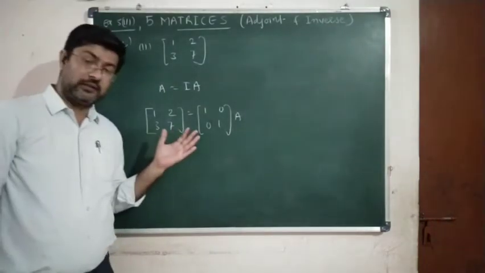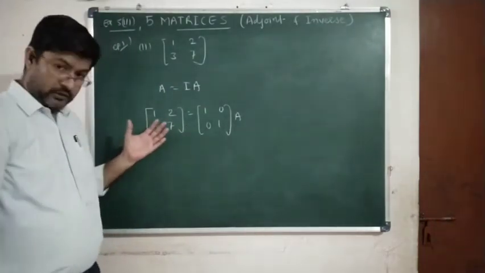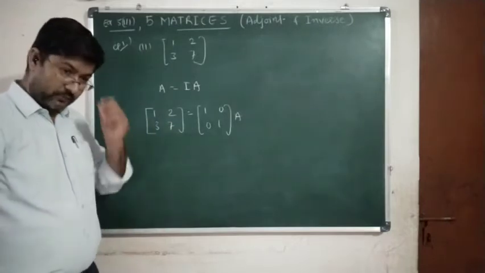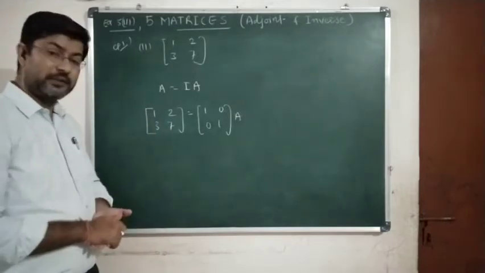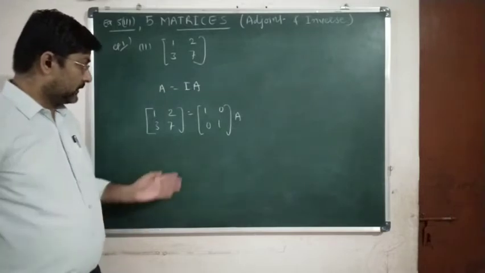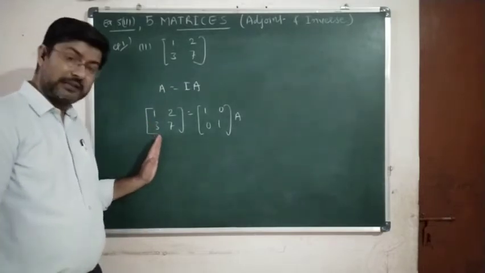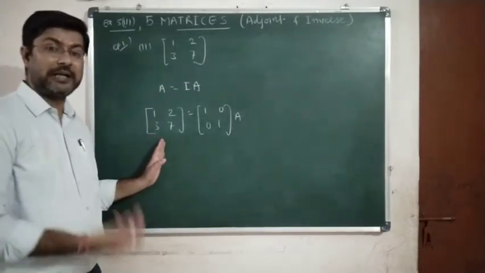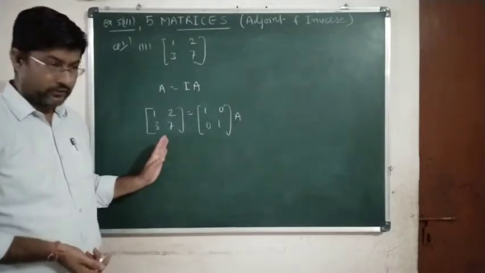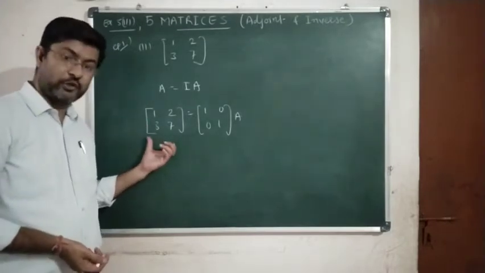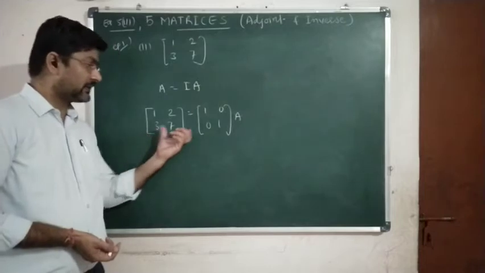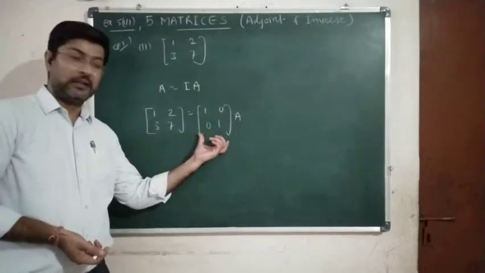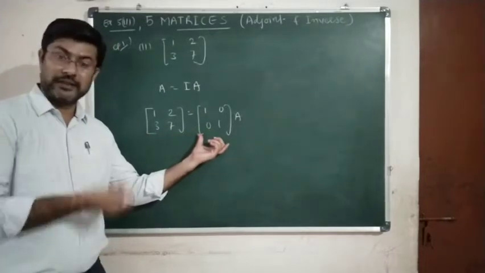Now, using the properties of elementary row transformations, we will convert the matrix A on the left hand side into an identity matrix. Whichever operation we carry out on the left hand side, the same operation we will carry out on the identity matrix on the right hand side.